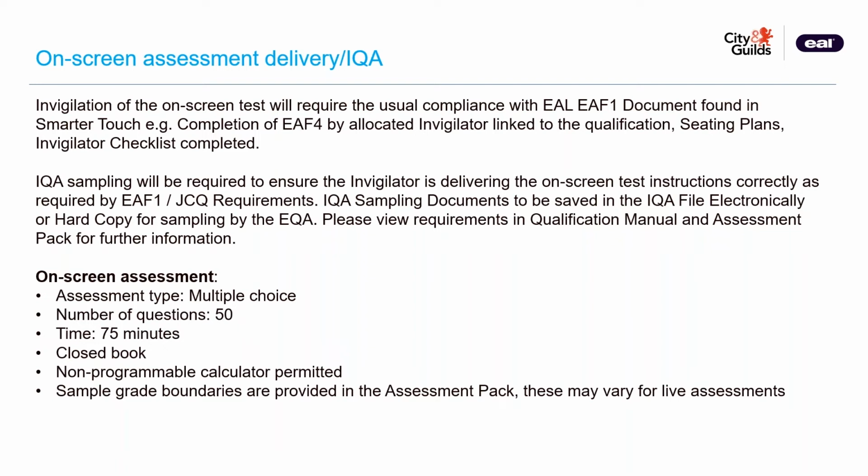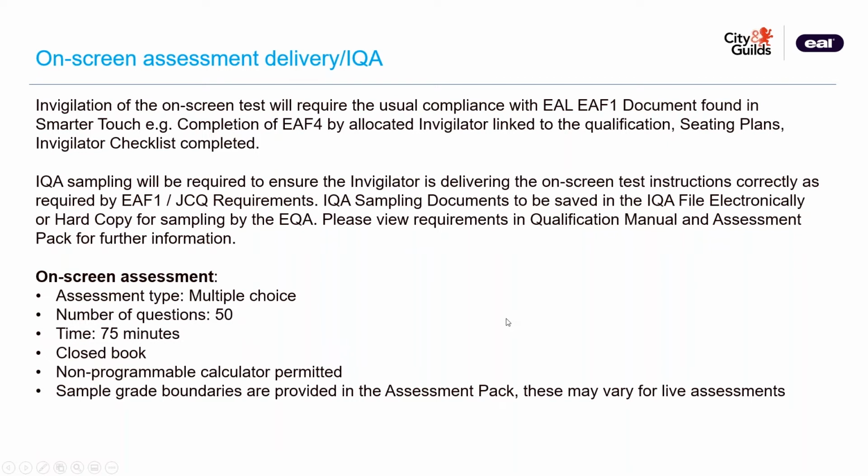Completion of an EAF4, which is the invigilation document, ensures that the allocated invigilator is linked to the qualification. Seating plans and the invigilator checklist are completed by the invigilator and stored securely for sampling by the EQA on ongoing visits.